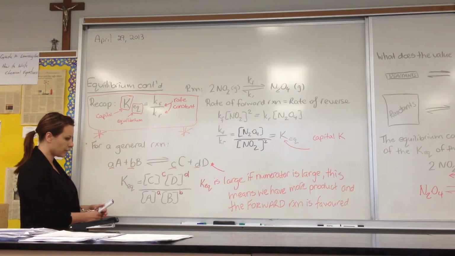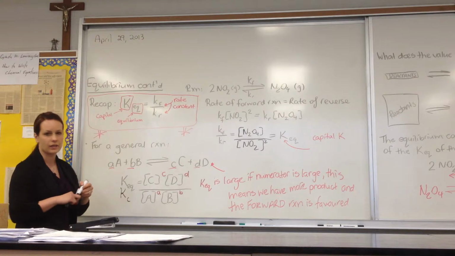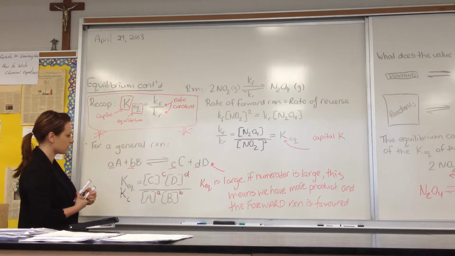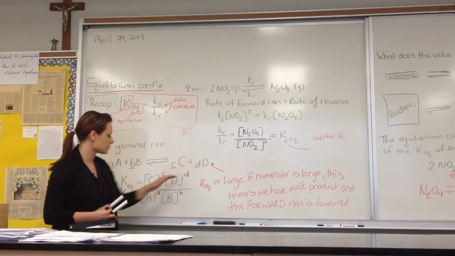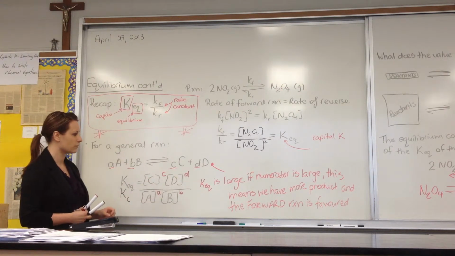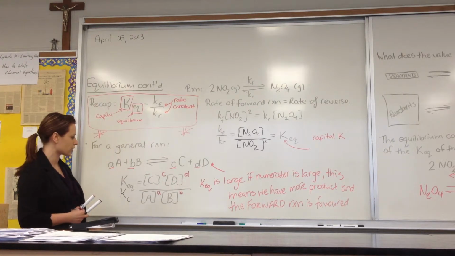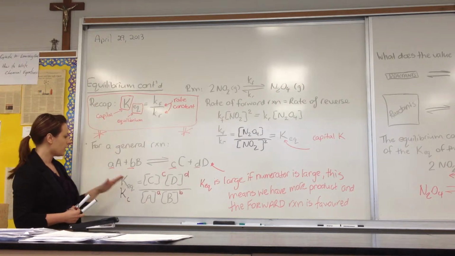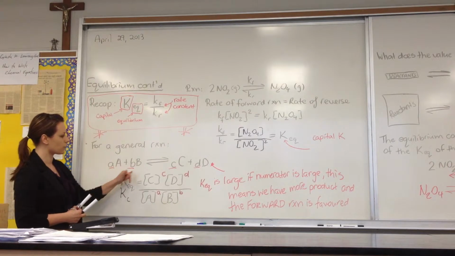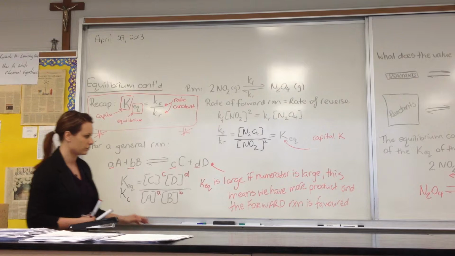K equilibrium, sometimes you will see it written as Kc, where C stands for concentration. We have the product of the concentrations of C and D raised to the power of their stoichiometric coefficients, divided by the product of the concentrations of the reactants raised to the power of their stoichiometric coefficients.